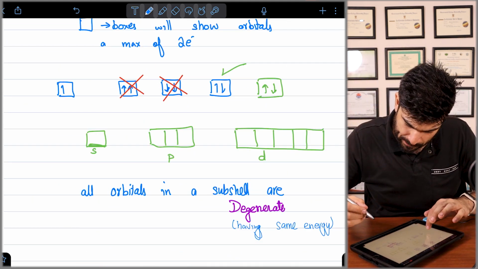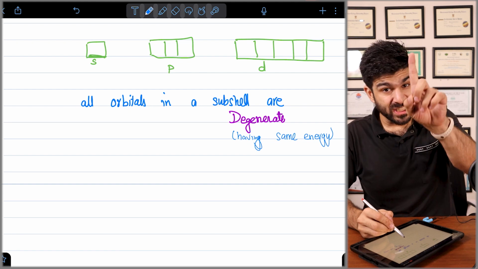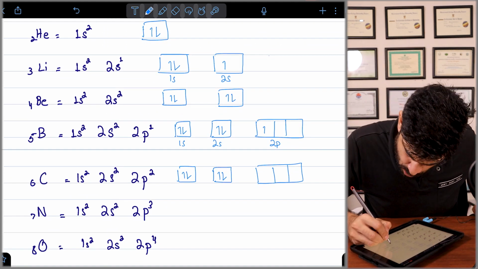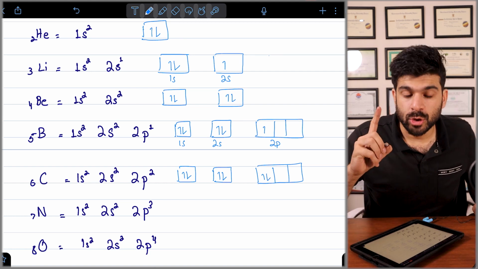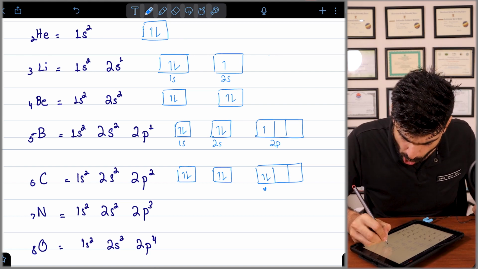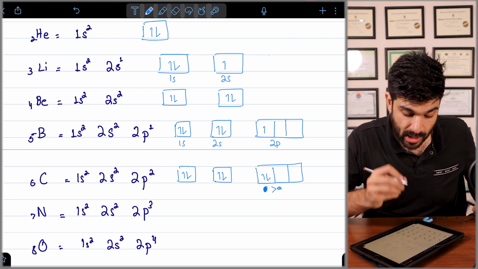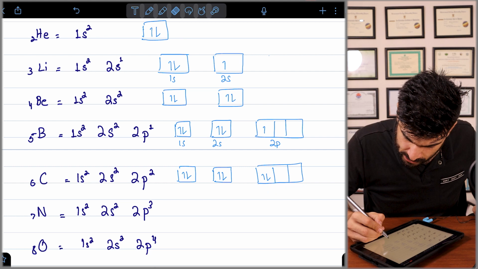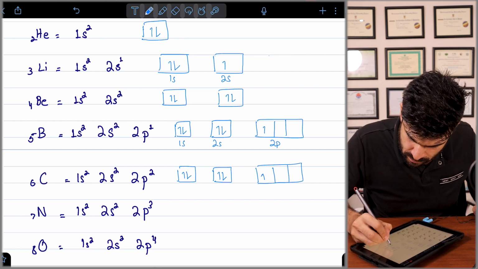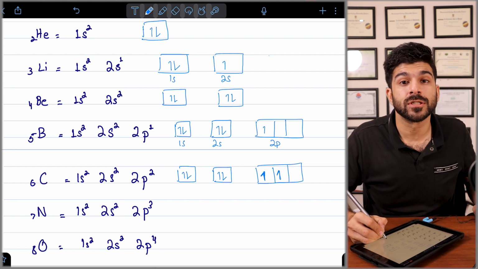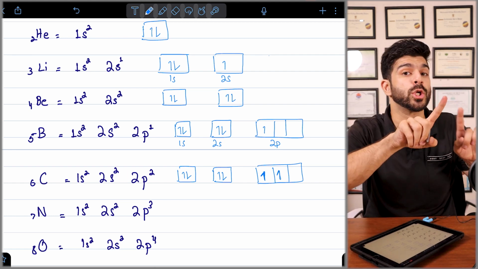But I also said that all orbitals in one subshell are degenerate. They have the same energy. So if I fill it up this way, this would mean that this orbital has more energy than this one. But that is not the case. They all have equal energy. So this one will be filled first, not the first one, because they all have equal energy.